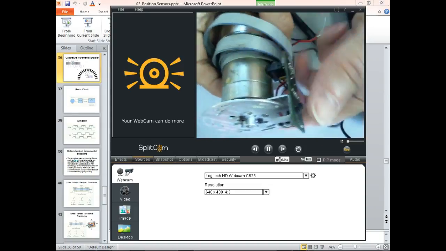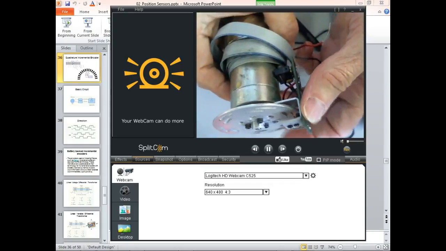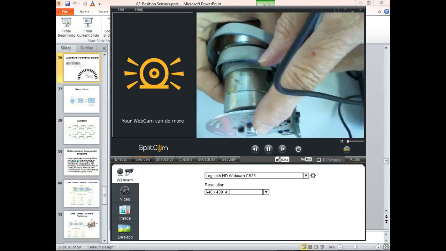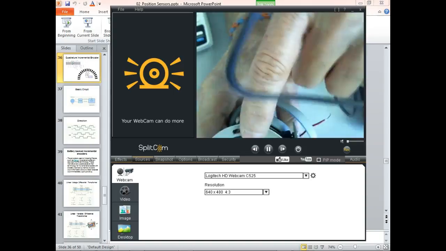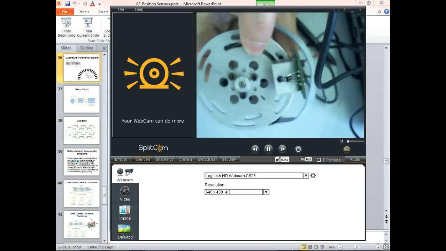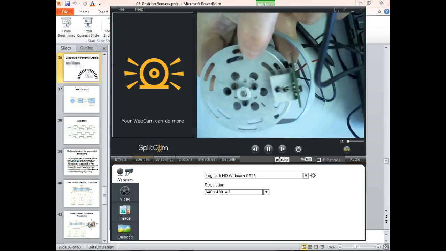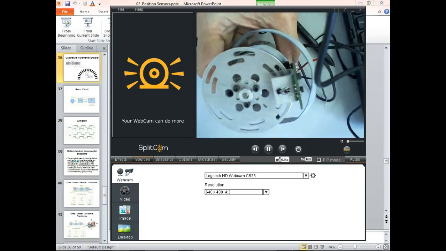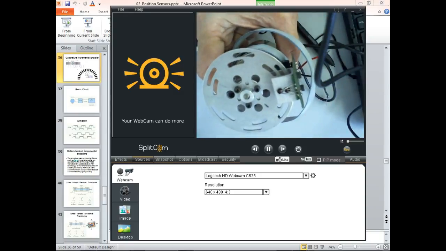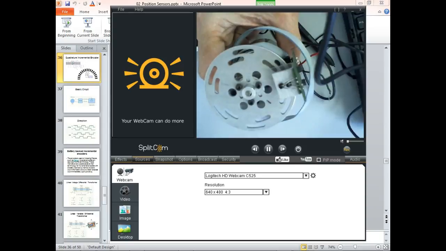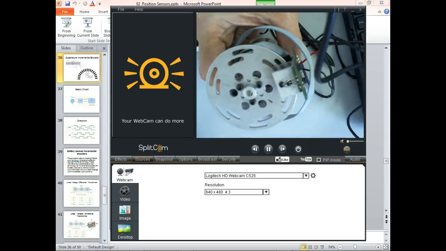So we couldn't see them, but as this moves, every one of these would break the light between the transmitter and the photodiode, between the LED and the photodiode, right?